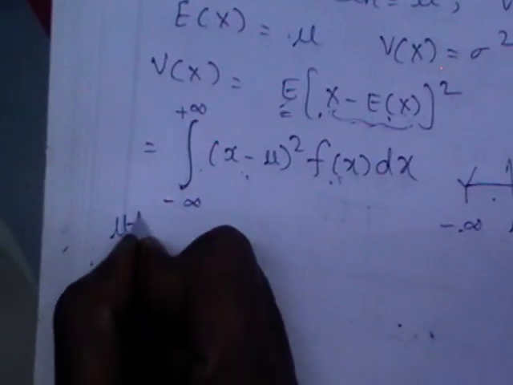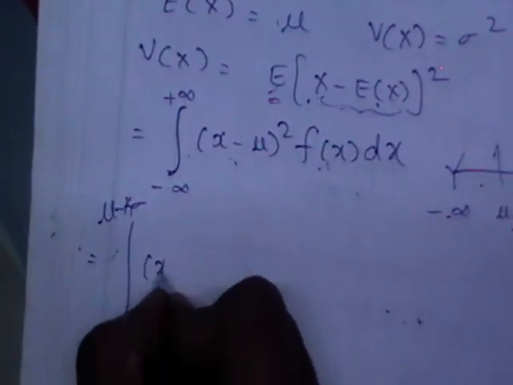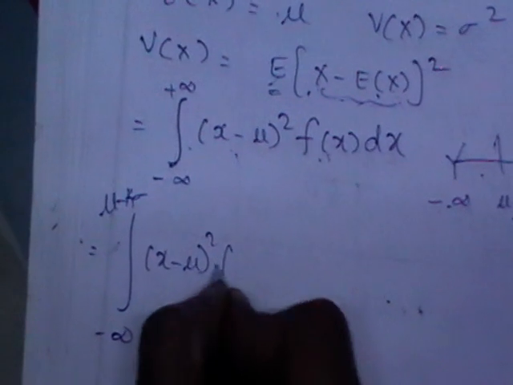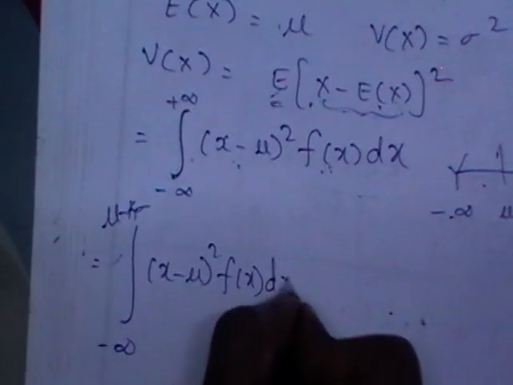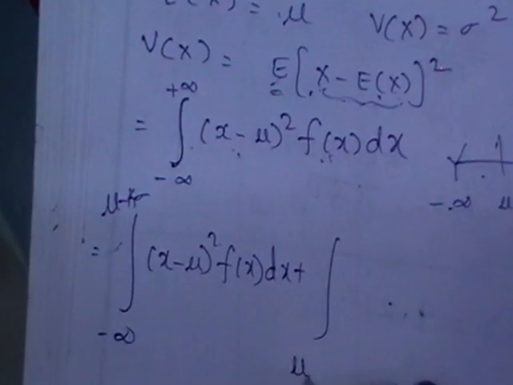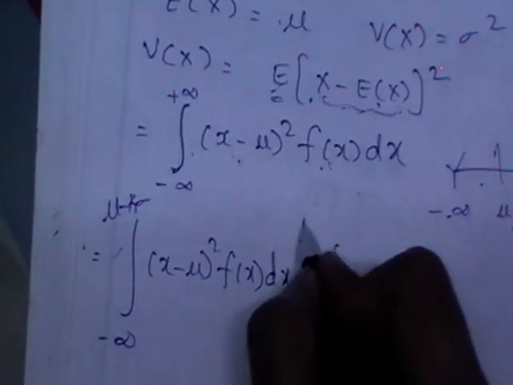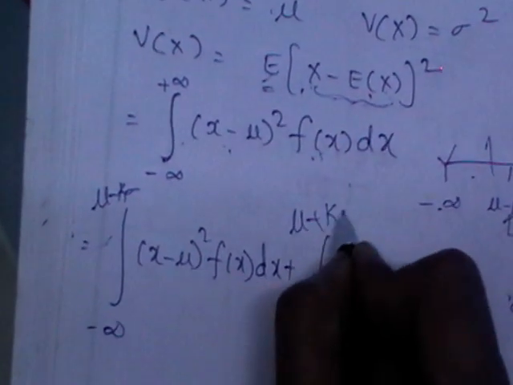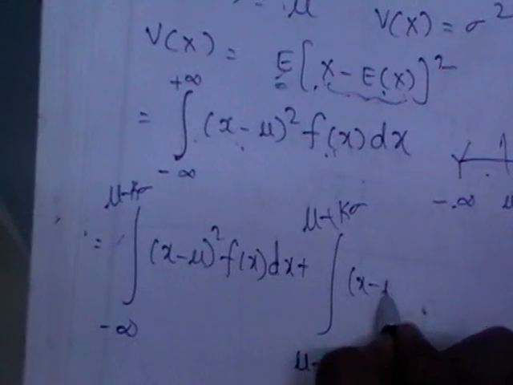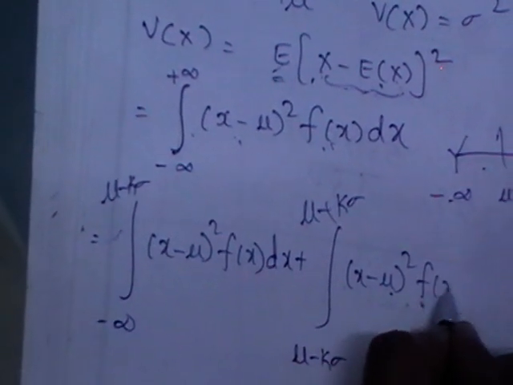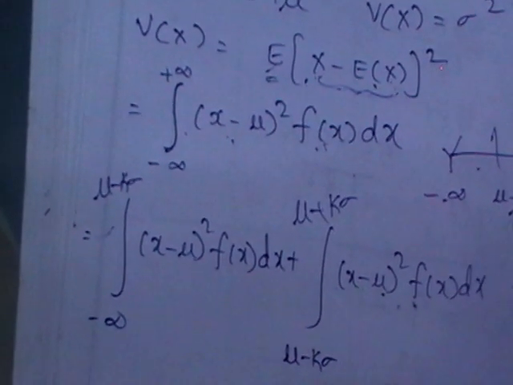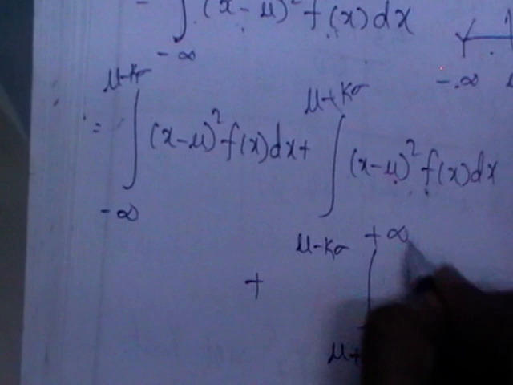So using the same one, from minus infinity to mu minus k sigma, the same function, and the second range is mu minus k sigma to mu plus k sigma, plus mu plus k sigma to plus infinity.